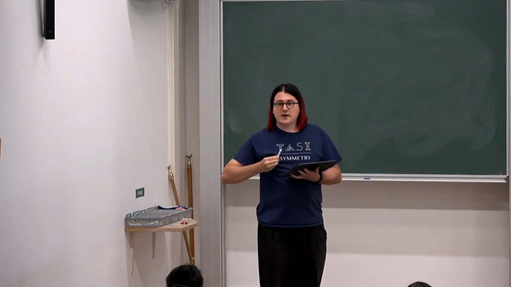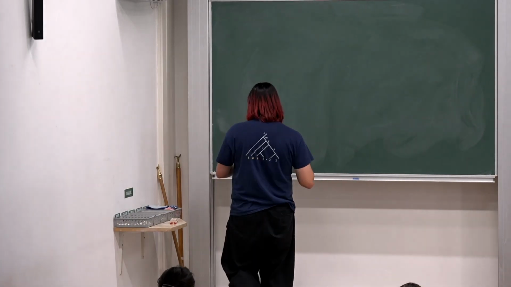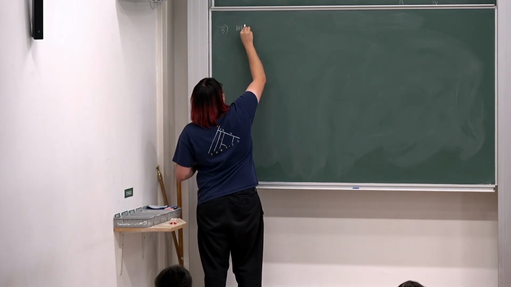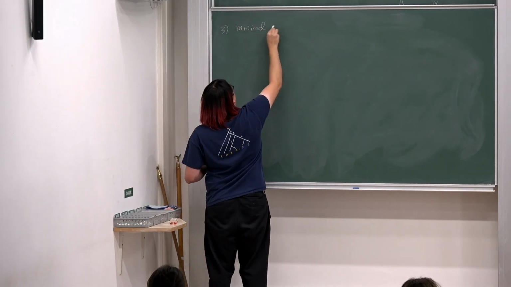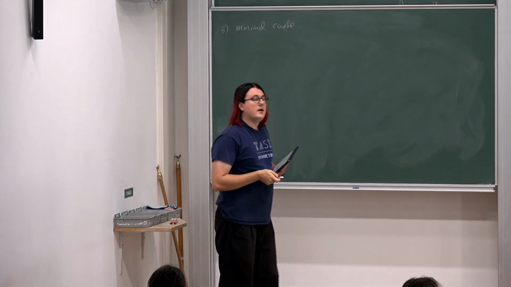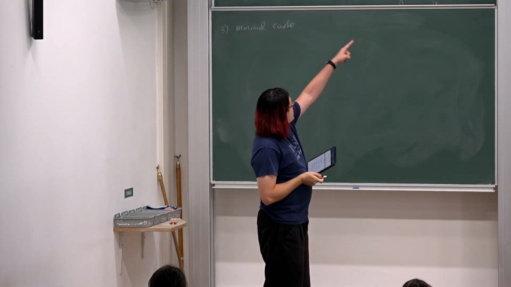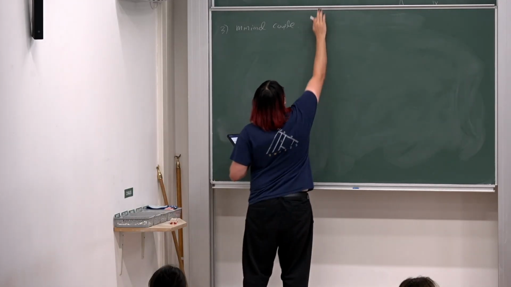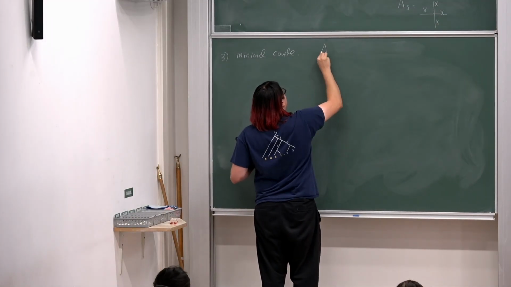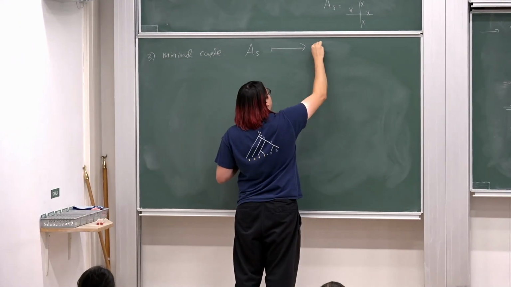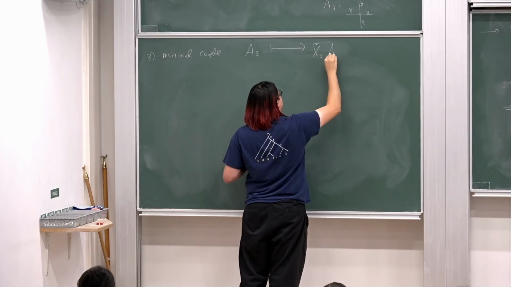But I need to modify it in order for it to commute with the Gauss law typically. So I'm only going to care about the operators that are inside the Z2 gauge theory Hamiltonian. The star operator is A. And minimal coupling will be, I take my A_S, and I replace it with X tilde acting on the same S times A_S.